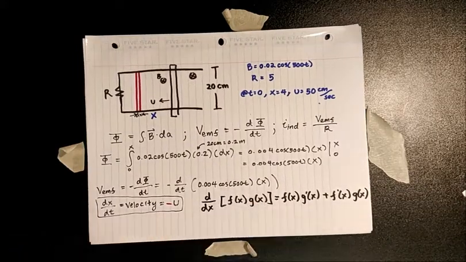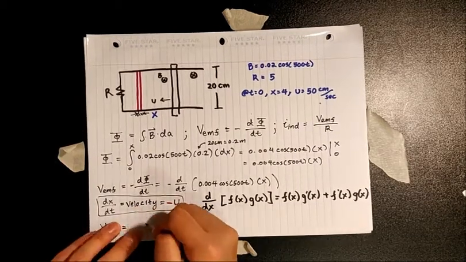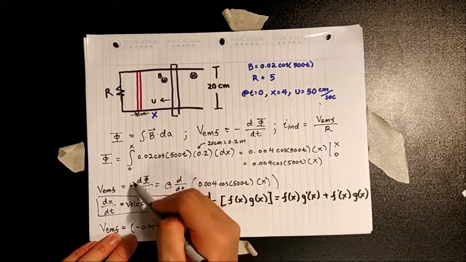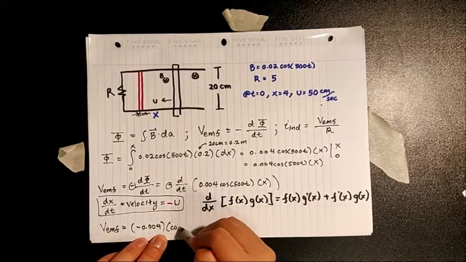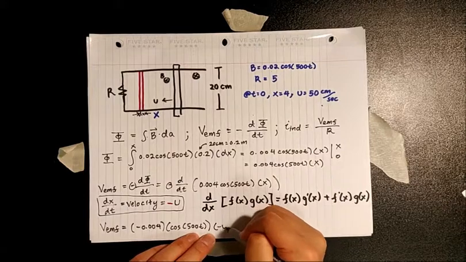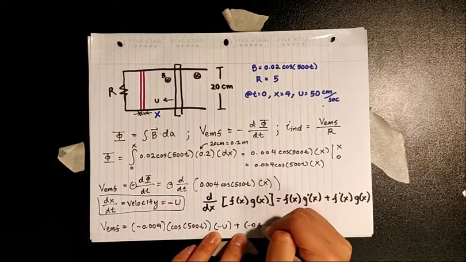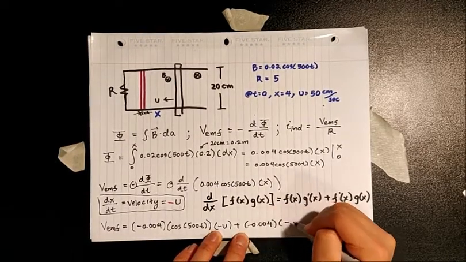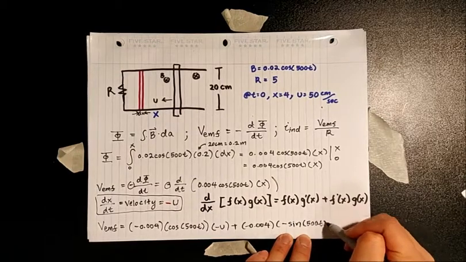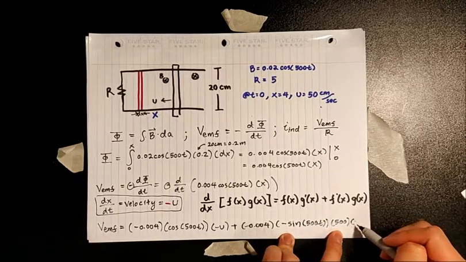So, taking the derivative of this will simply give us V EMF will just be equal to negative 0.004, where the negative came from here and here, times cosine 500t times negative u, which is the derivative of x, plus negative 0.004 times negative sine, because the derivative of cosine is negative sine, times 500t times 500, which is a chain rule, times x.